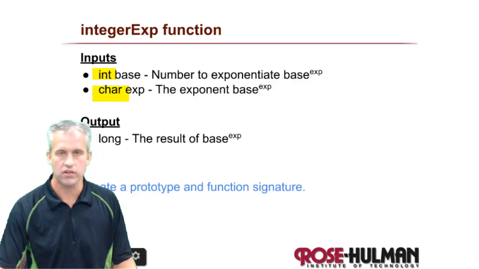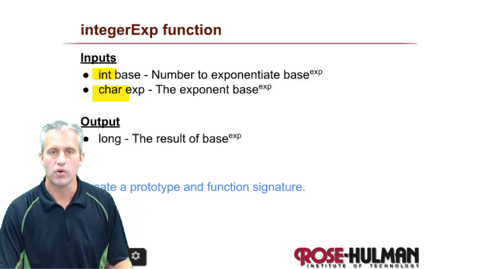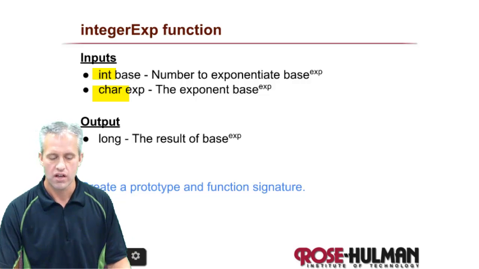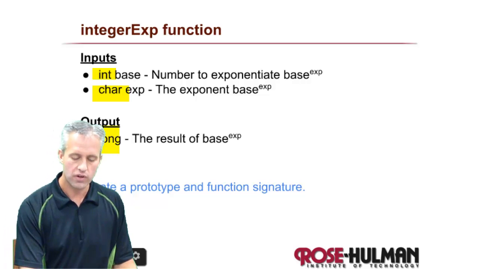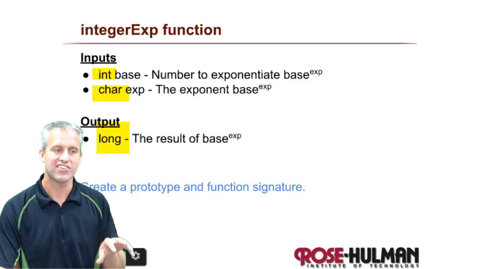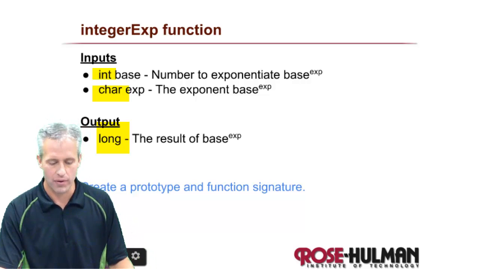However, for the exponents, we don't want to go to like the 200th power. So we're going to just make it a char. We're going to cap you at 127. We'll say that's the biggest you're ever going to need to exponentiate something to. And then we're going to return a long, because these things get pretty big pretty quick. And I also kind of like that they're all different types, and it's a good example problem that way.